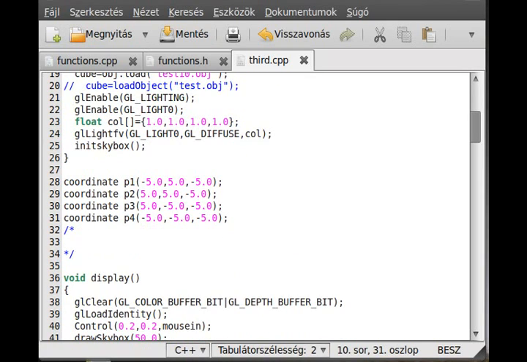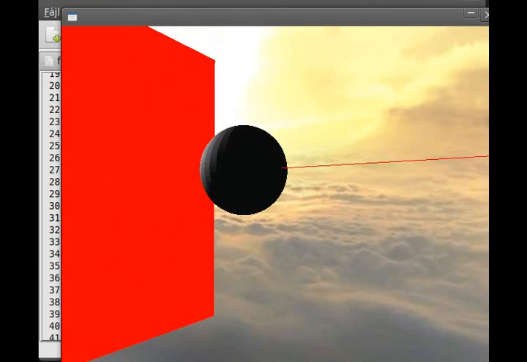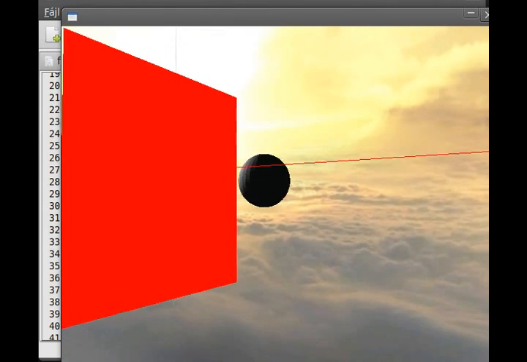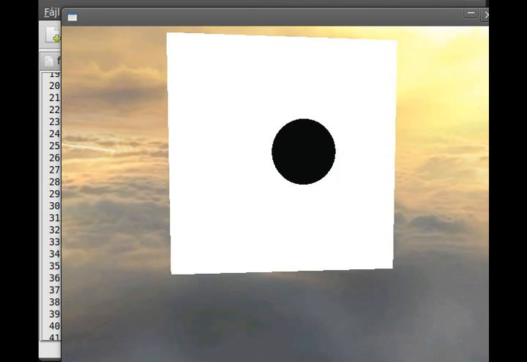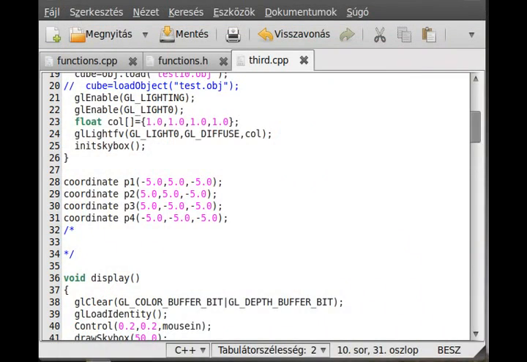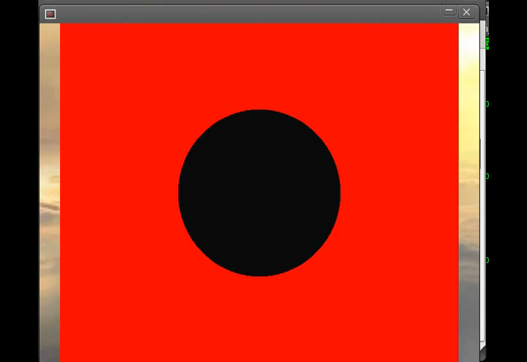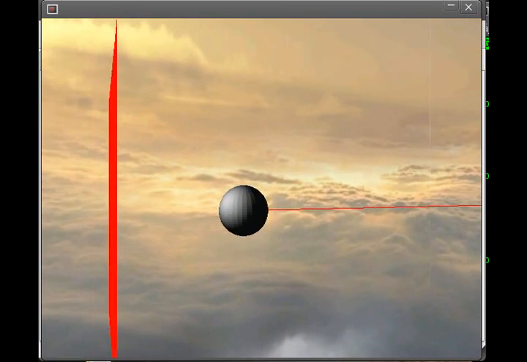Now we can try to compile the program, which I succeeded in, and now I can move the ray with the keys as earlier. Okay, I can start the program, but as you can see there is a little bit of a problem.